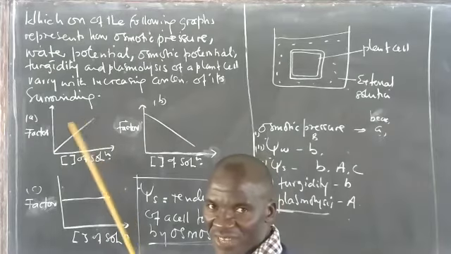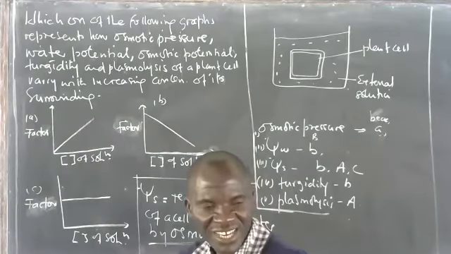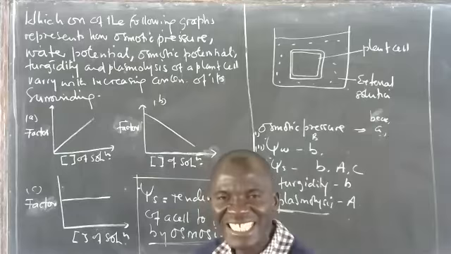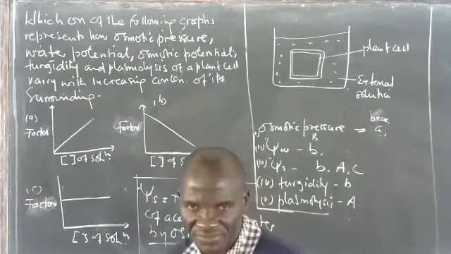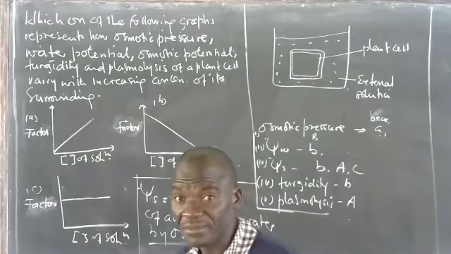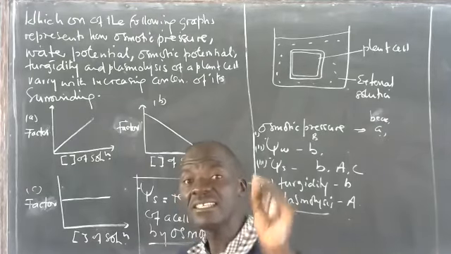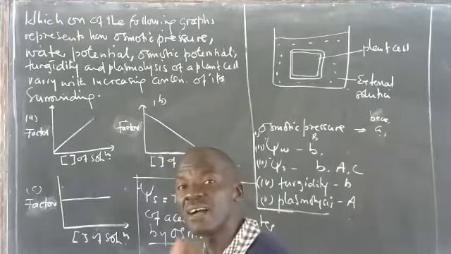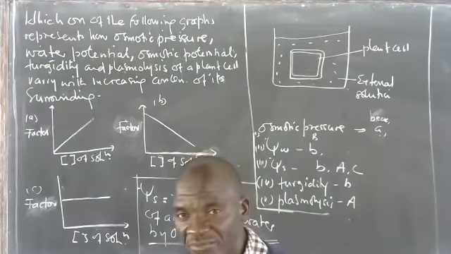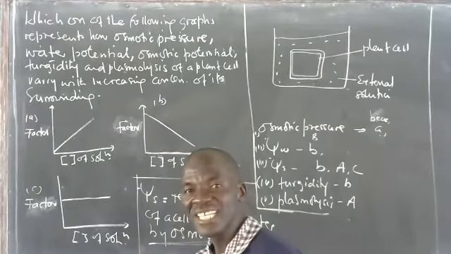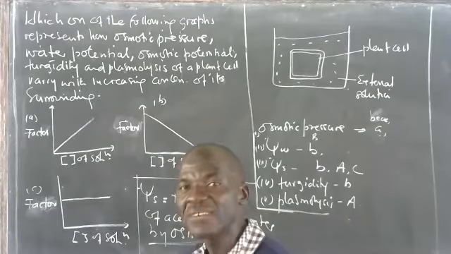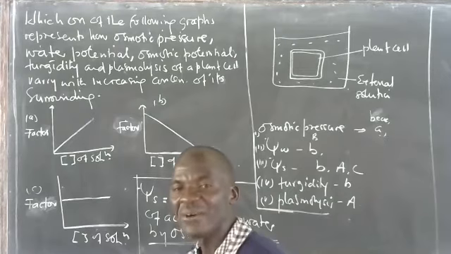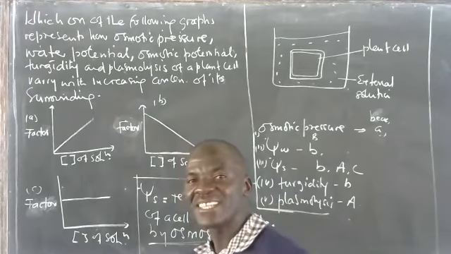So the osmotic pressure will be high, because osmotic pressure measures the tendency of a cell to absorb water. Osmotic pressure is the tendency of a cell to absorb water, but osmotic potential is the tendency of a cell to lose water by osmosis.